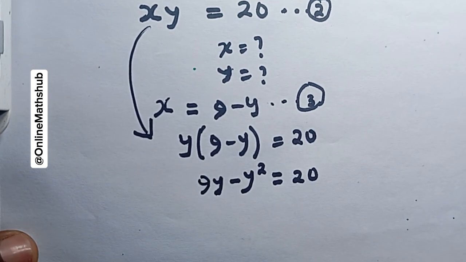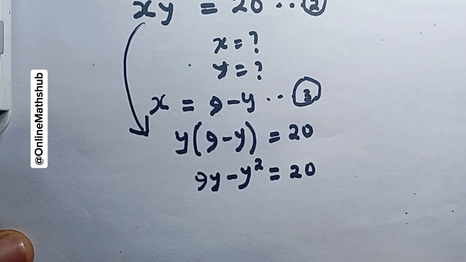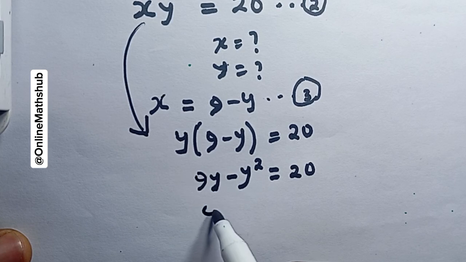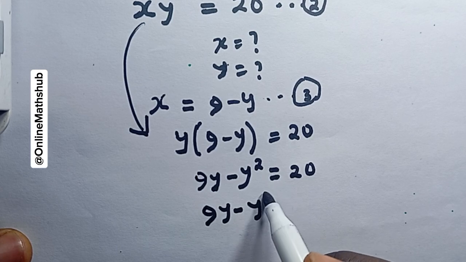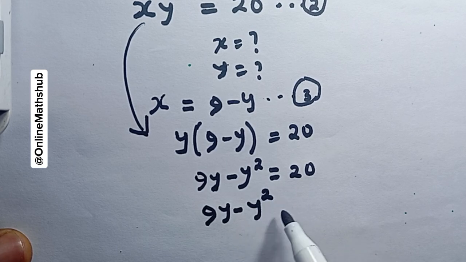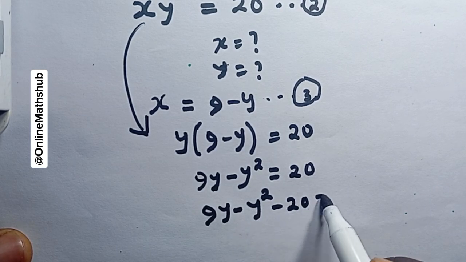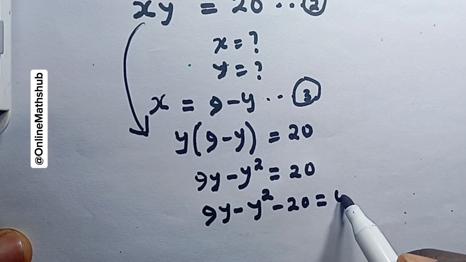Okay, so I'll bring 20 to the left hand side, so kind of subtracting 20 from both sides, so that will be 9y minus y squared minus 20 is equal to 20 minus 20 will be 0.